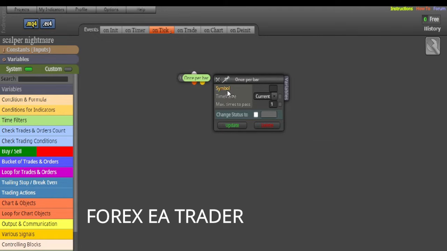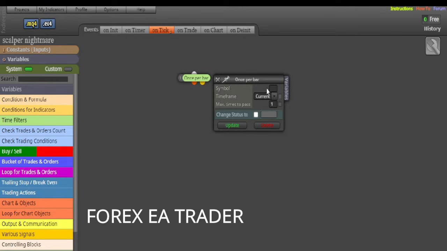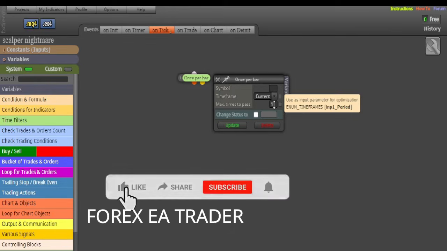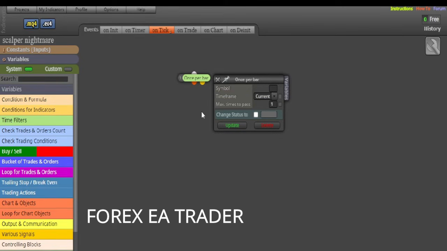Nothing. Symbol, you can put in a symbol if you want to restrict this robot to only work for a certain pair, or if you want to restrict it to work with a certain time frame, or how many passes you want the robot to make on that bar.